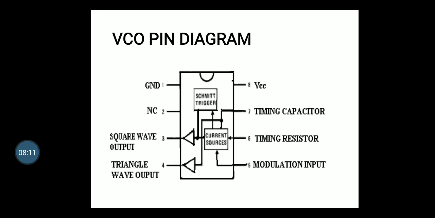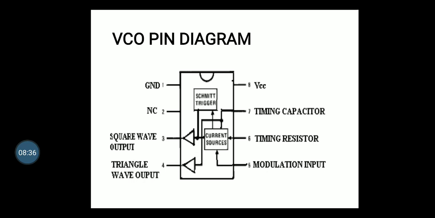The timing capacitor CT is linearly charged or discharged by a current source or sink. The amount of current can be controlled by changing the voltage VC applied to the modulation input, or by changing the resistor RT external to the chip. The voltage at pin 6 is held the same as the voltage at pin 5.